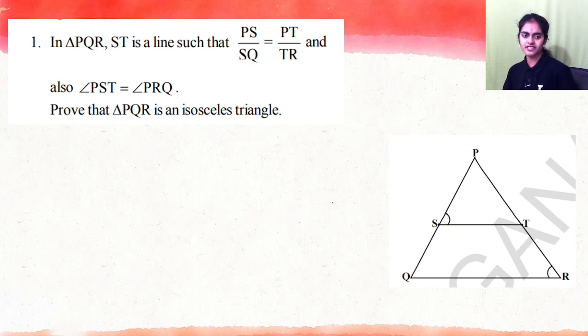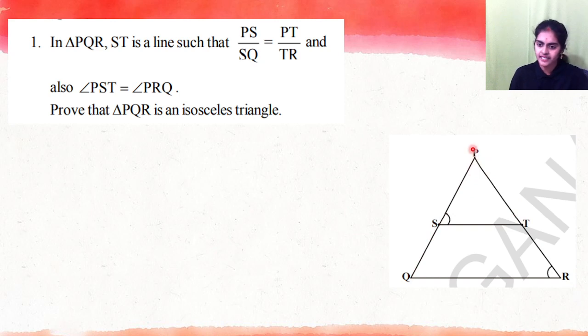Here is the very first question: in triangle PQR. PQR is a triangle, as you can see here, let me point it out. PQR, this is a bigger triangle. ST is a line. Okay, this is a line such that PS by SQ is equals to PT by TR.